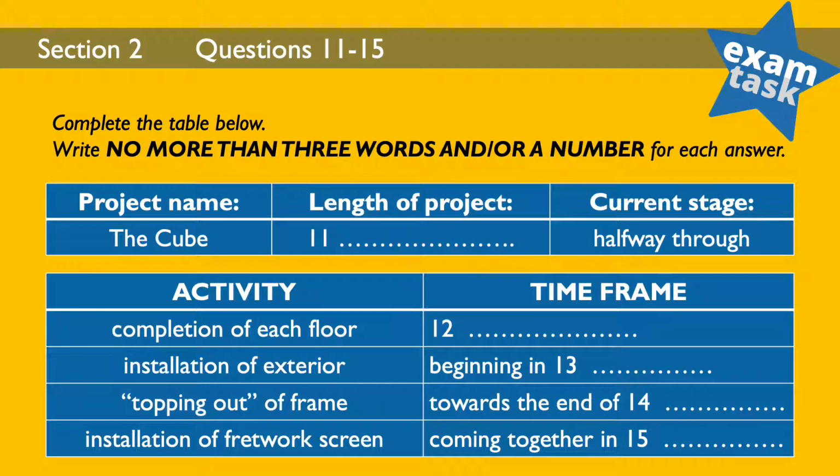As you can see to your right, the first shipment of the special gold anodized cladding that will adorn the cube has now arrived on site, and from February, the glistening golden exterior will begin to be installed, bringing the unique building to life. Late summer will see the topping out of the concrete frame of the cube structure, with the intricate metallic fretwork screen beginning to take shape in the early autumn.